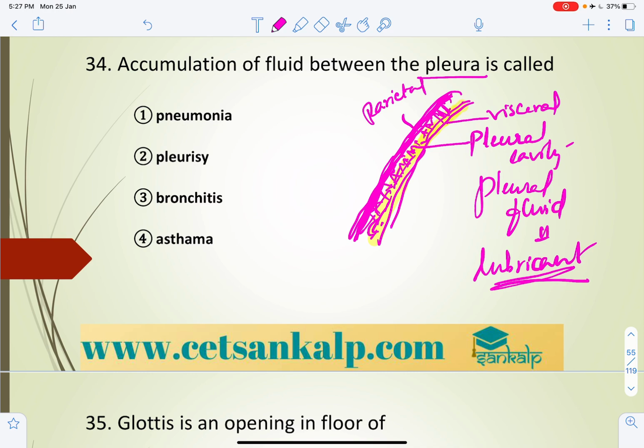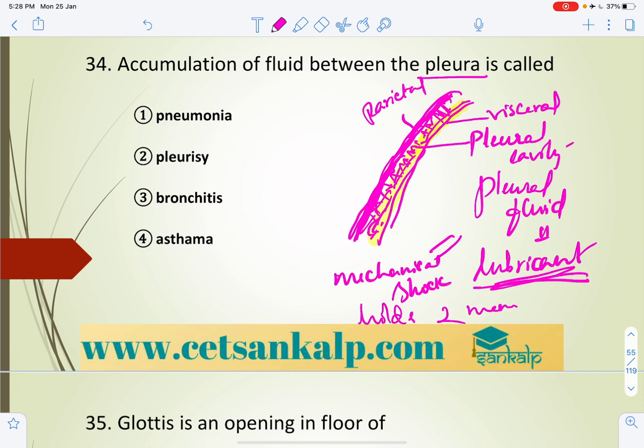Along with that it acts as a shock absorber or mechanical absorber. So two important things here. One, pleural fluid acts as a lubricant, right? And it resists mechanical shocks, and along with that it holds the two membranes together.